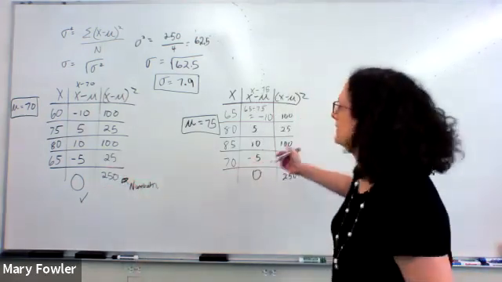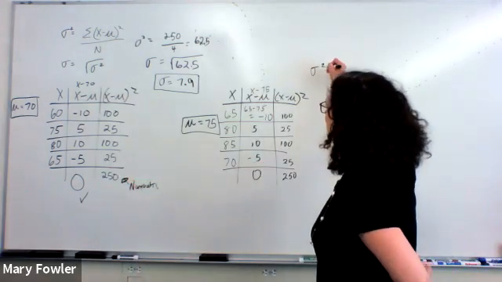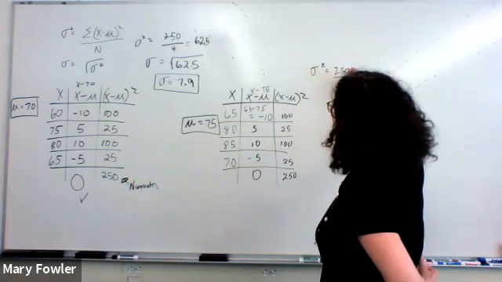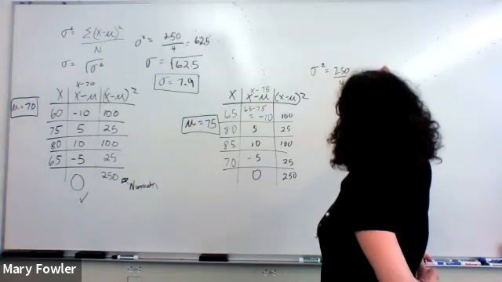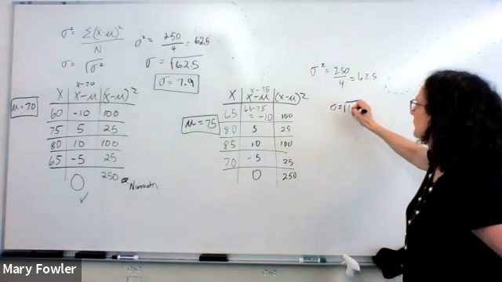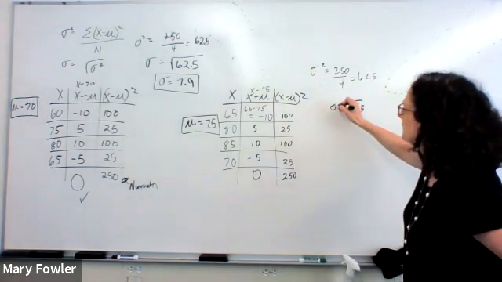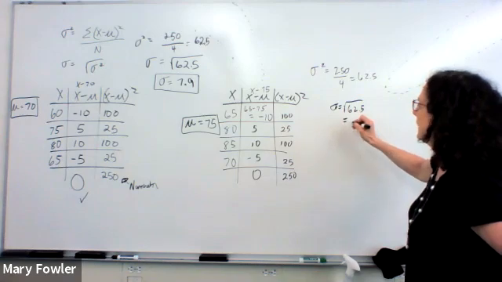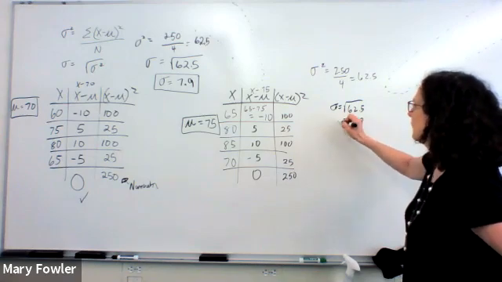So what we end up with is that sigma squared is 250 over 4, 62.5, and sigma is the square root of 62.5, which means sigma is 7.9.